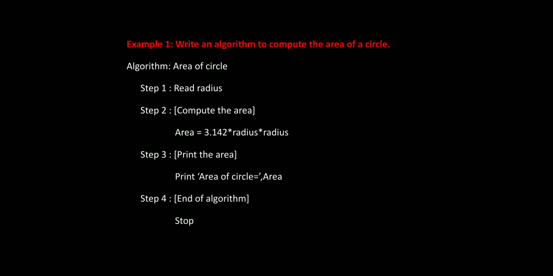Here we learn how to write an algorithm for a particular problem. First one: write an algorithm to compute the area of a circle. Area of a circle means we have to use pi and radius squared.